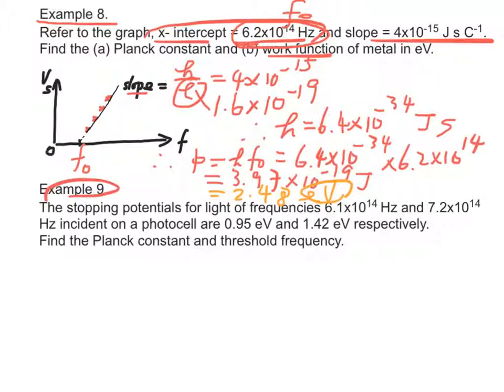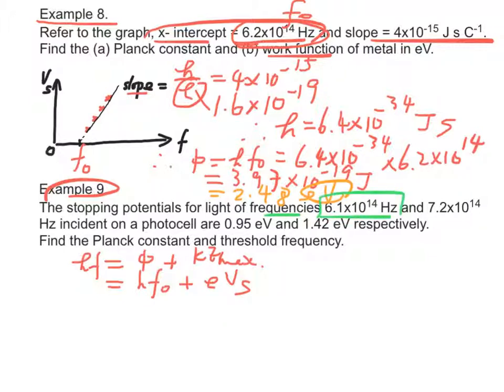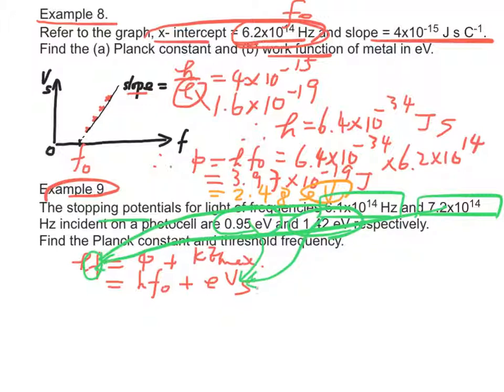Example 9. By hf equal to phi plus KE maximum, equal to hf naught plus eVs, substitute the frequency into f and the stopping potentials into Vs. We have two equations.